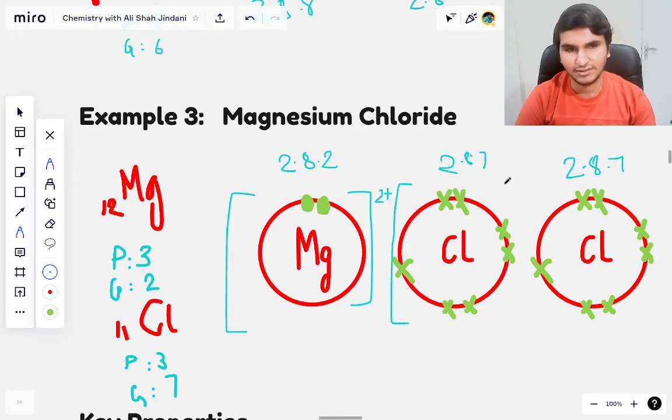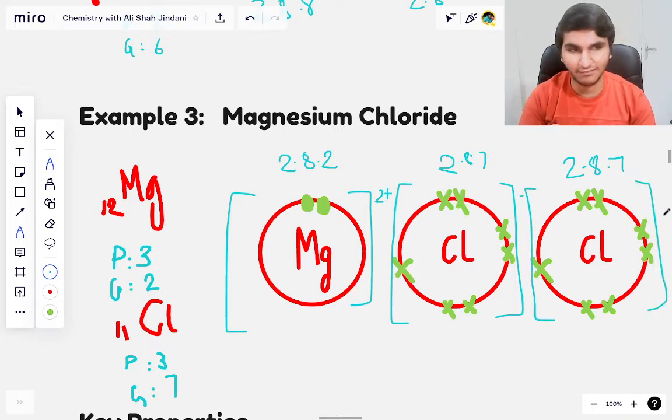If you have negative ions, you might want to end them with "ide", because it is a sign that these ions are negative. So I'm going to call them chloride rather than chlorine. So the chloride ions and the magnesium ion.